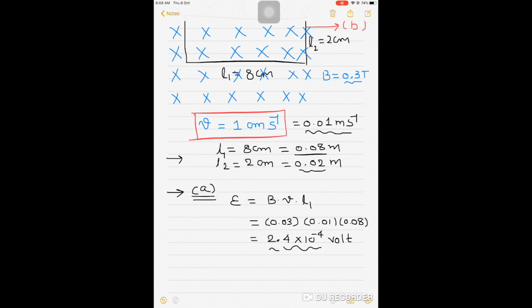Now for the first case, if we take the time for which EMF lasts, obviously it will only last up to its breadth.